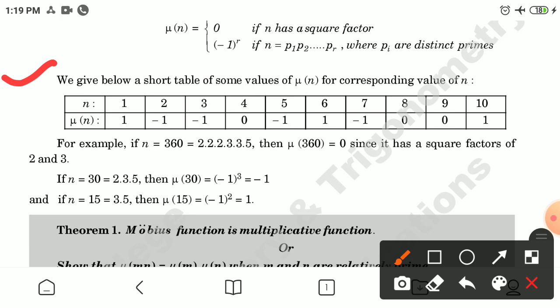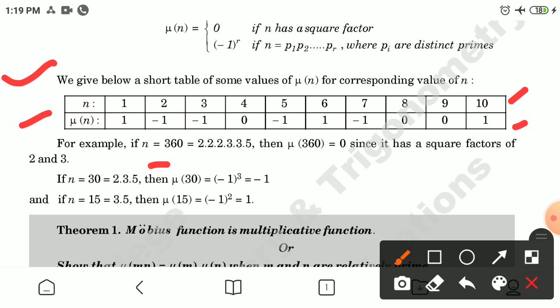When n is from 1 to 10, the Mobius function mu(n) has value 1 corresponding to 1, value -1 corresponding to 2, value -1 corresponding to 3, value 0 corresponding to 4, value -1 corresponding to 5, value 1 corresponding to 6, value -1 corresponding to 7, value 0 corresponding to 8, value 0 corresponding to 9, and value 1 corresponding to 10.